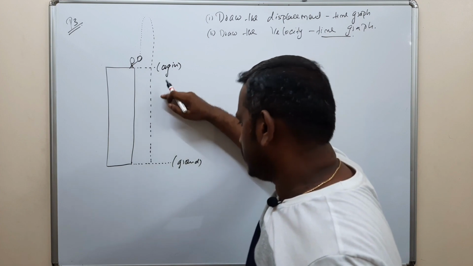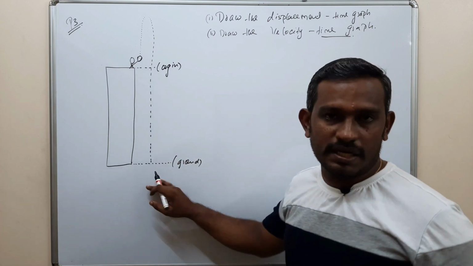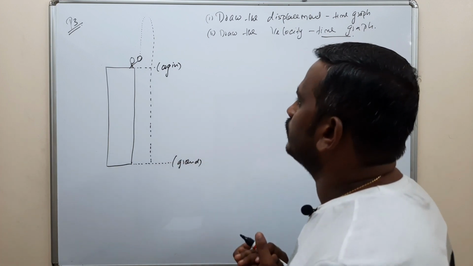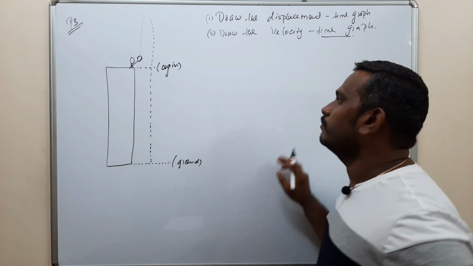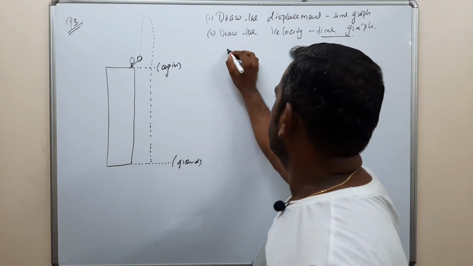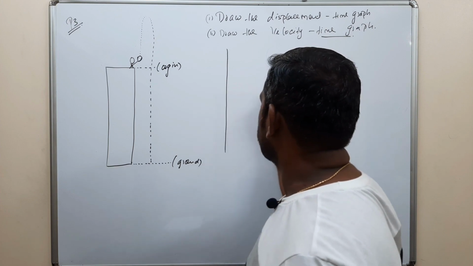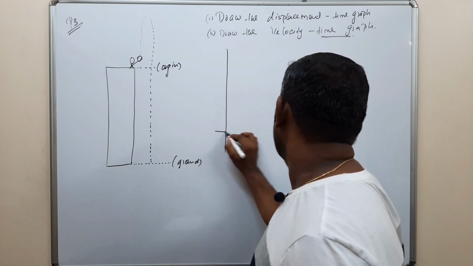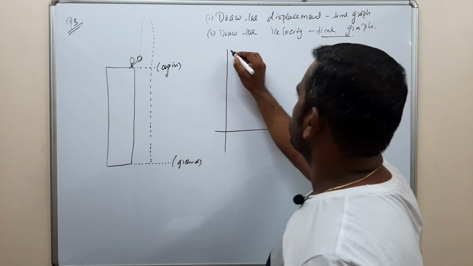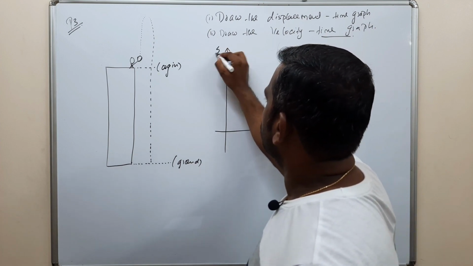It reaches the origin, and again it reaches the ground. That is the trajectory of the path followed by the ball. So first we have to draw the displacement time graph.